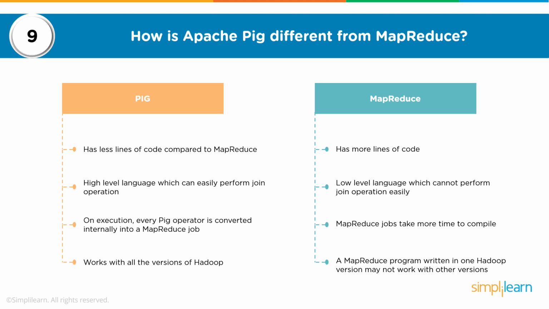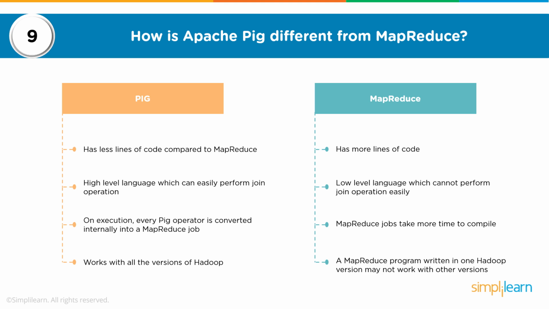However, MapReduce has more lines of code. Pig is a high-level language which can easily perform join operations or other data processing operations. MapReduce is a low-level language which cannot perform join operations easily. So we can do joins using MapReduce. However, it's not really easy in comparison to Pig.